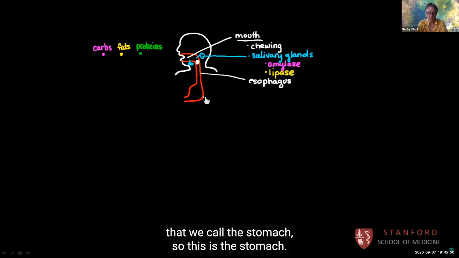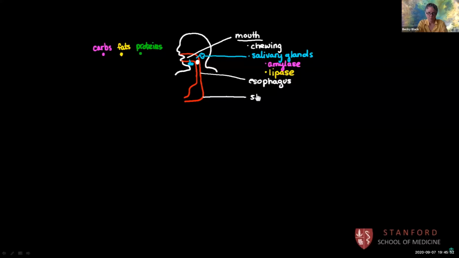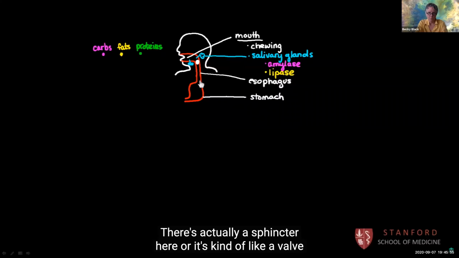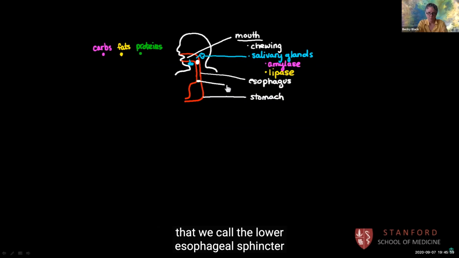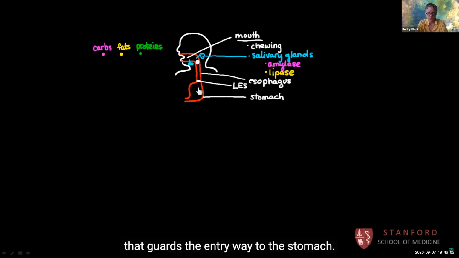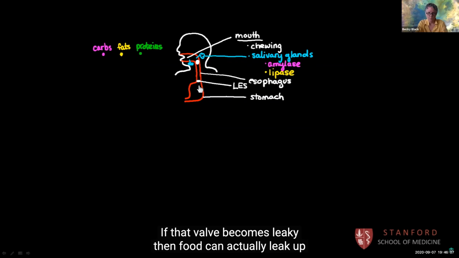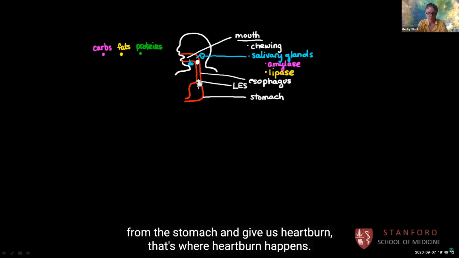So this is the stomach. And there's actually a sphincter here, kind of like a valve, that we call the lower esophageal sphincter that guards the entryway to the stomach. And if that valve becomes leaky, then food can actually leak up from the stomach and give us heartburn. That's where heartburn happens.